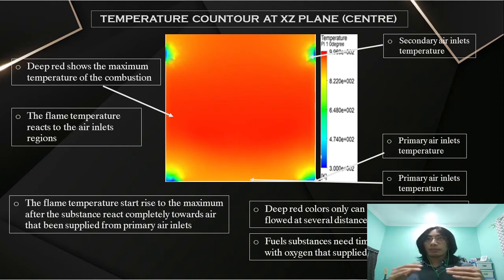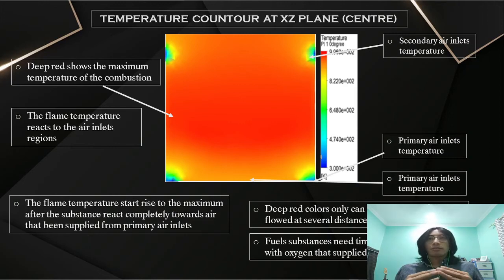So the flame temperature reacts to the air inlet regions. You can see the air inlet is blue color, but after it moves away into the stove and reacts to the substance produced from the fuel inlet, it will turn to red color.